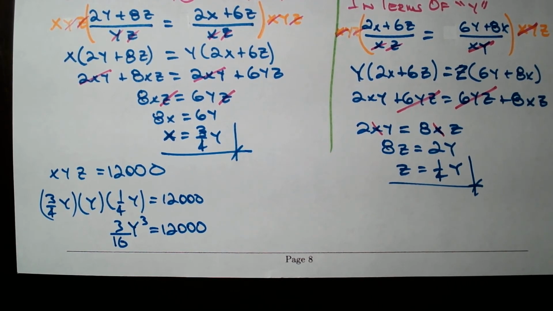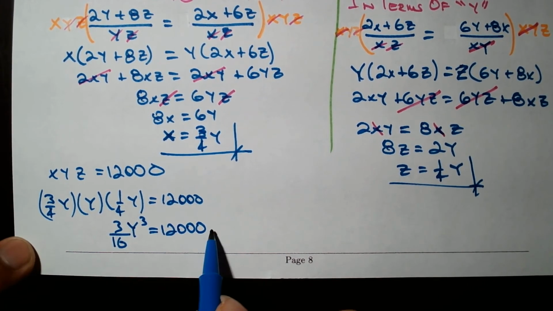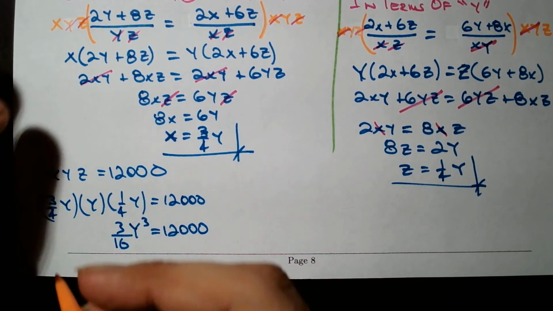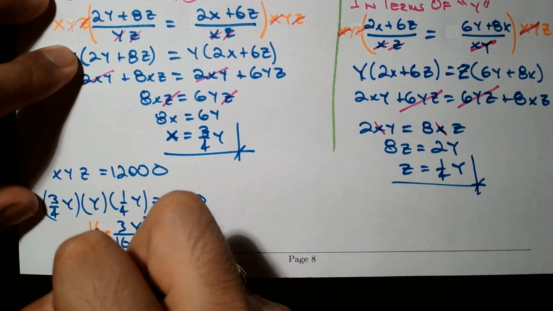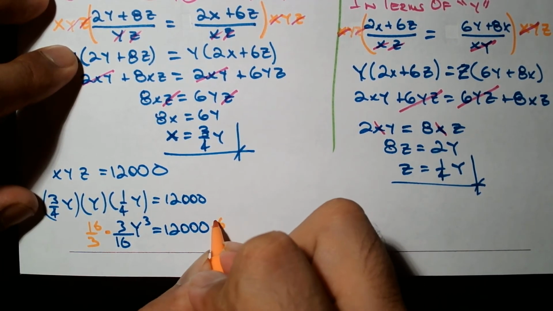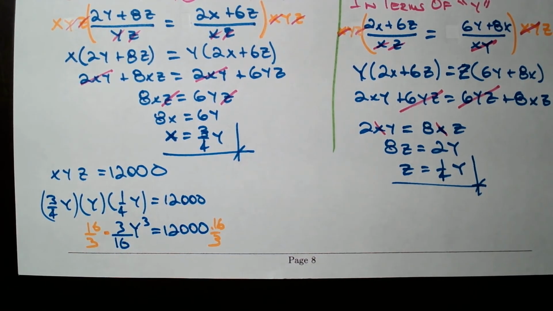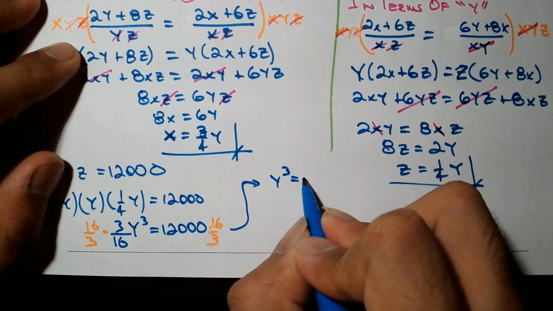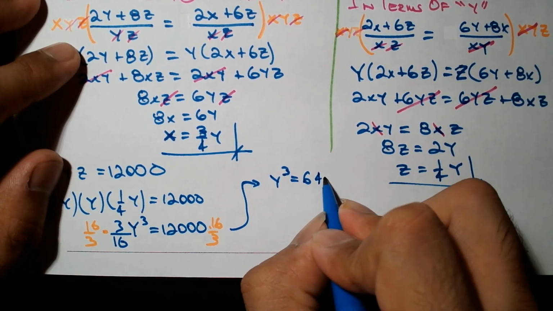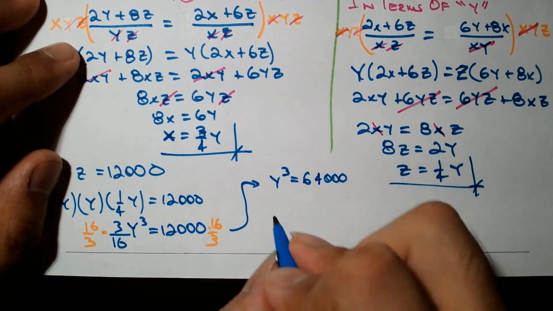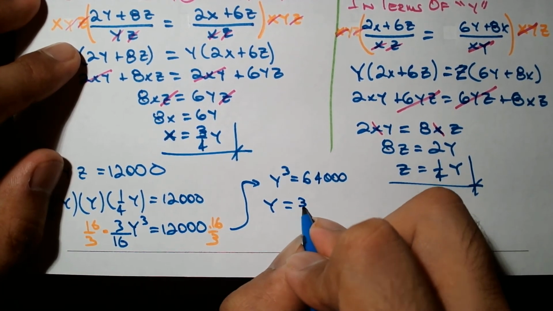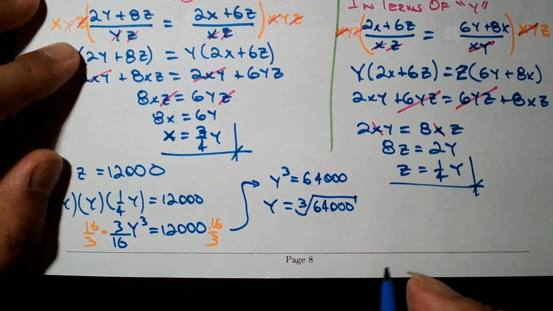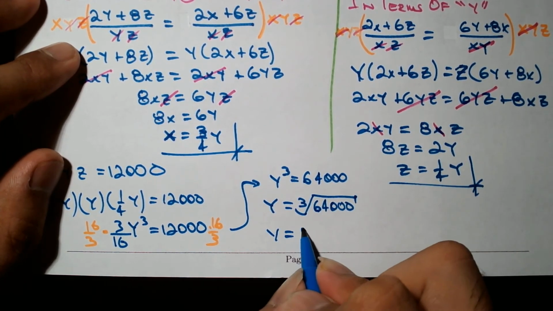When I simplify this, I multiply both sides by the reciprocal, 16 over 3, and this yields y cubed equals 64,000. If we take the cube root, this will be y equals 40.